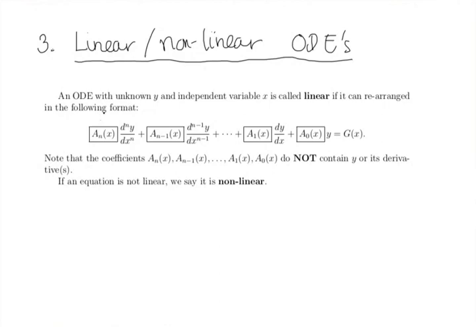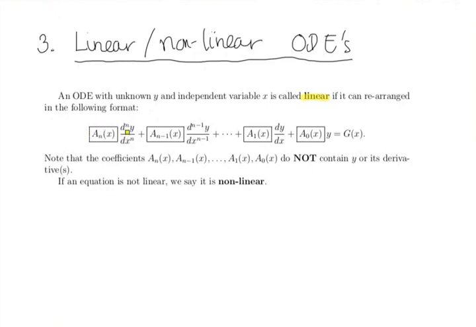There is a definition of a linear ODE. So suppose we have an ODE with unknown y and independent variable x. Then we say that the differential equation is linear if we could rewrite the equation, rearrange the equation, in the format over here.